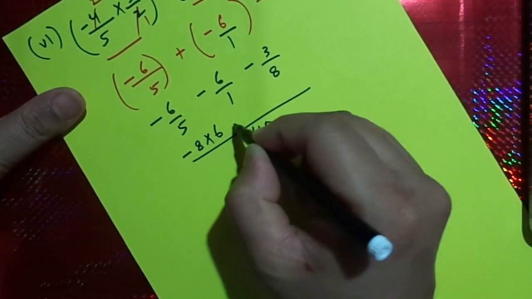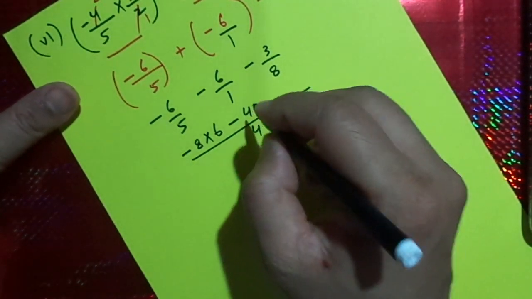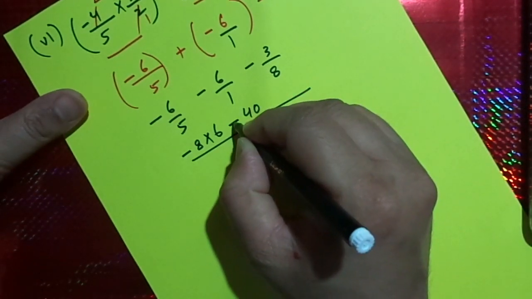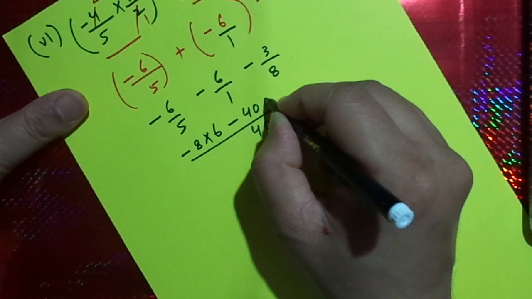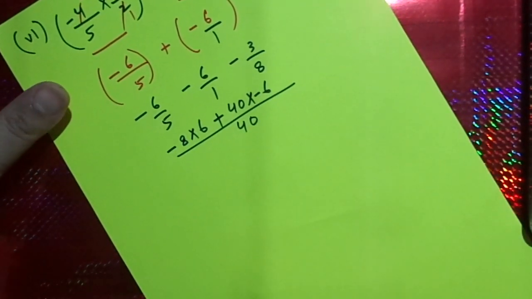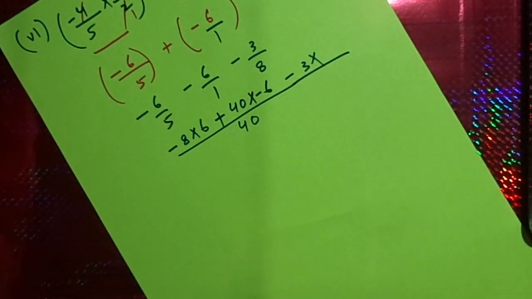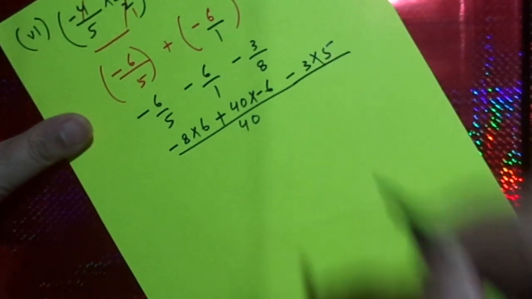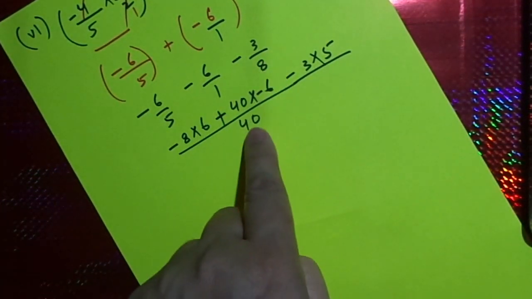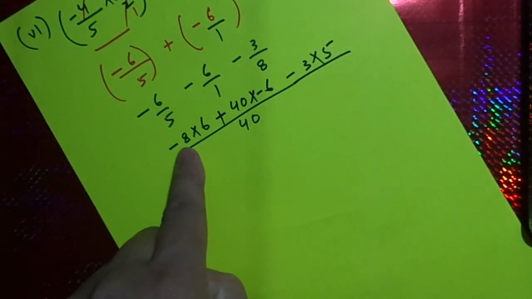The LCM of 5, 1 and 8 will be 40. 40 divided by 5 is 8.